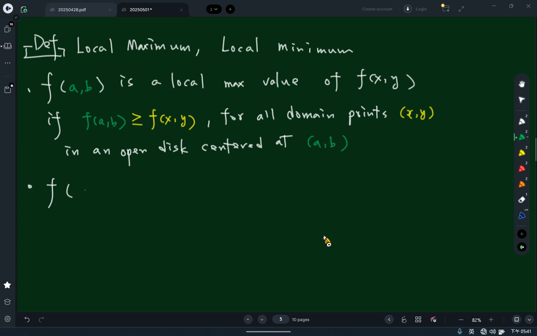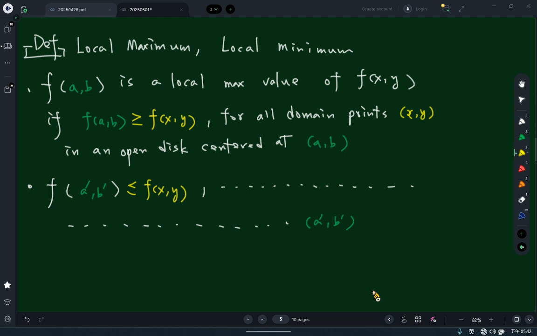If (a', b'), another point, is less than or equal to f of (x, y) for all domain points (x, y) in an open disk centered at (a', b'), then we will say this is a minima.